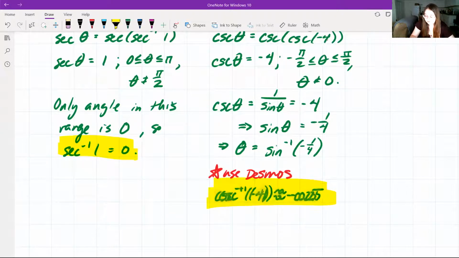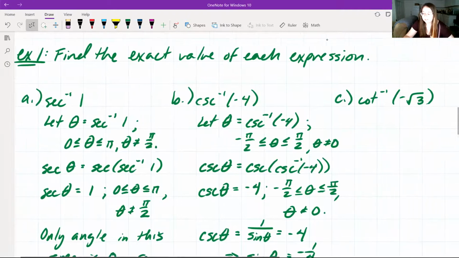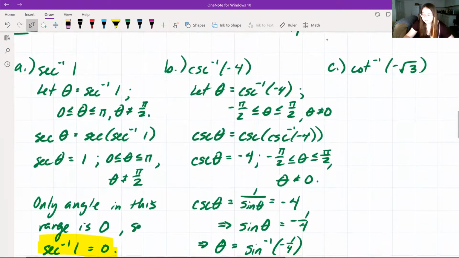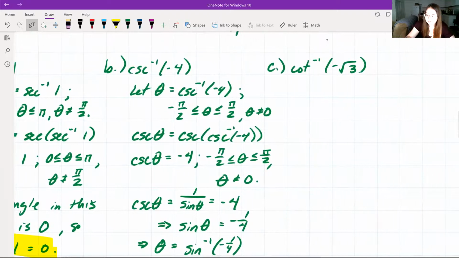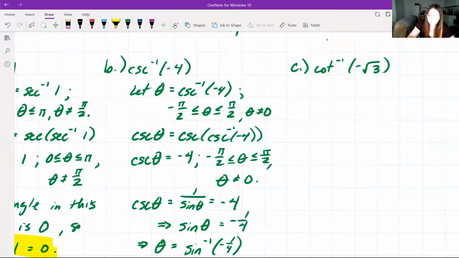I'm actually just going to scoot over a tab. All right, so now on to part C. We need to scoot this over a little bit, so we're going to go a little bit wider than we normally would. For part C, we have cotangent inverse of negative square root of 3.